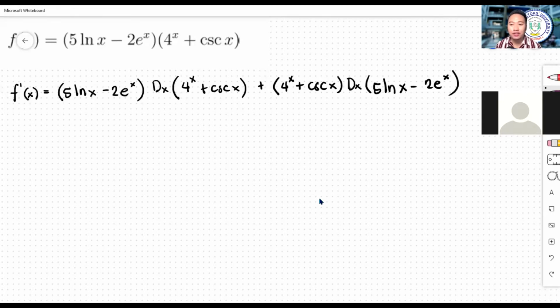So our concern here, guys, are those terms or expressions right after dx. Once you are able to solve them, then you're good to go.